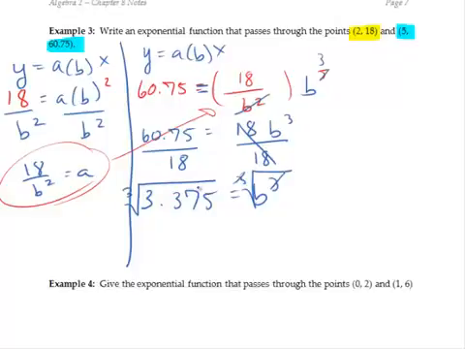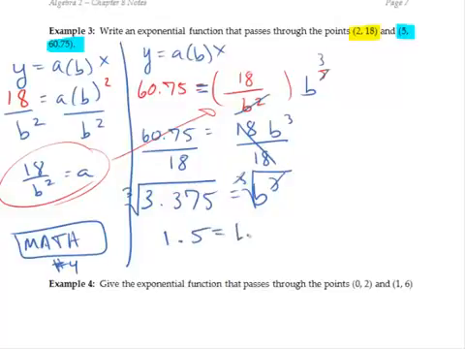I'm going to have to use my calculator here. Remember, you can go to your Math button, and if you scroll down, number 4 has the cubed root that you'll need. But the cubed root of 3.375 is 1.5.